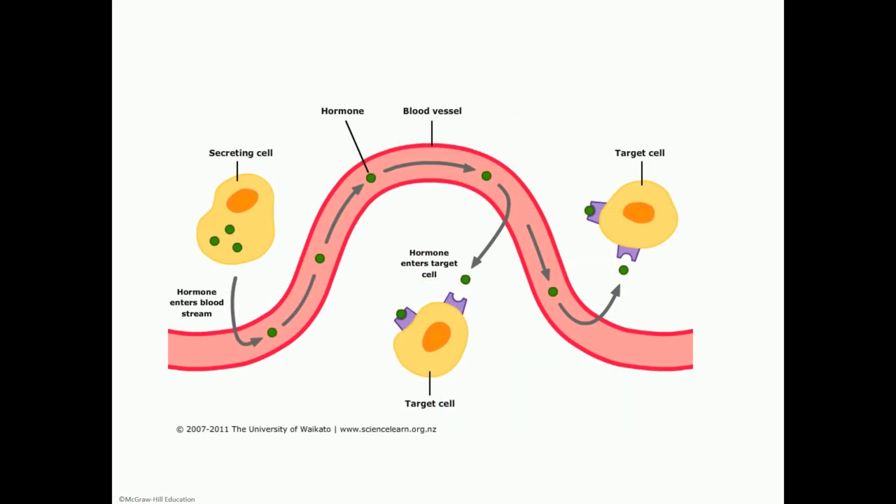So how does the hormone know that it's at a target cell? So this isn't from your book. I kind of got it from another class. But that right here is your endocrine secreting cell. It'll make a hormone circulating in the bloodstream. And we have all different cells in the body. How does the hormone know that it reached its target cell? And that's by the presence of these receptors.